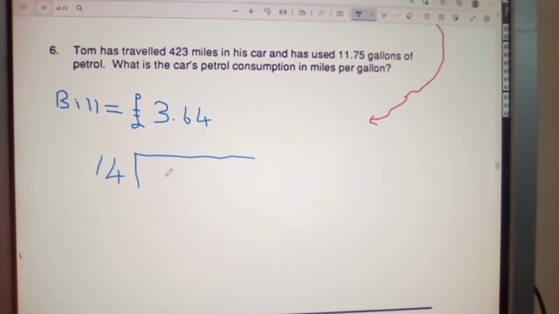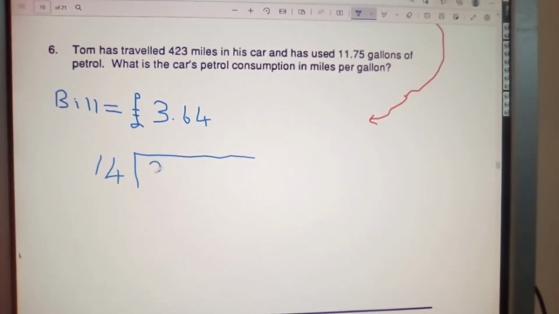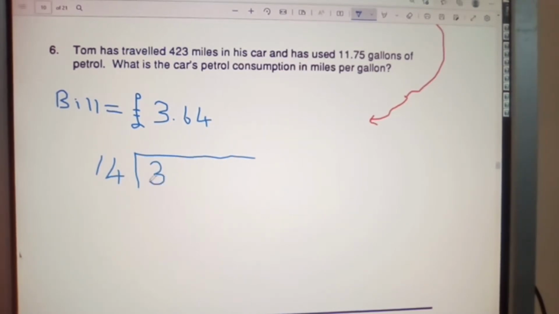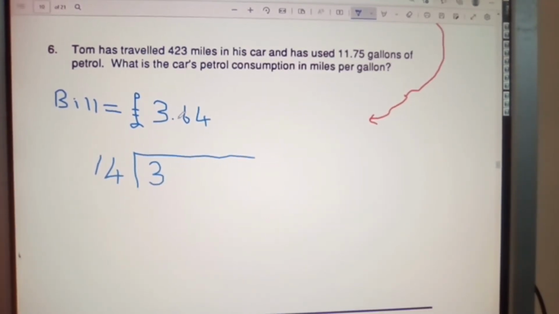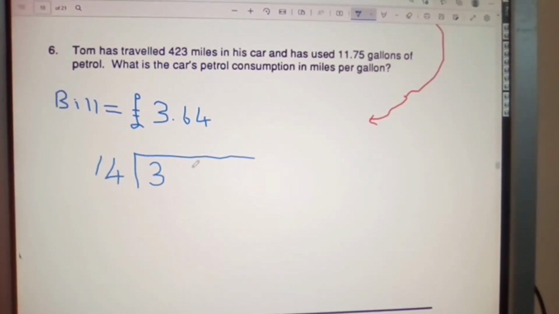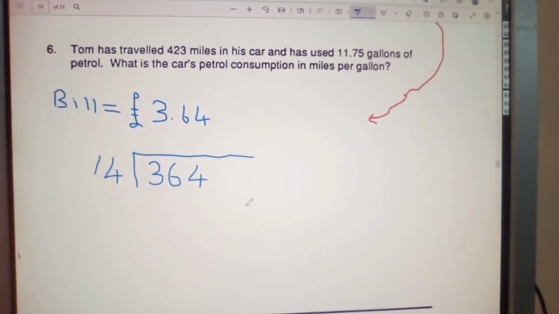Now I'm going to move my decimal point 2 places to the right, so it's going to become 364. We can put the decimal point back in place after.